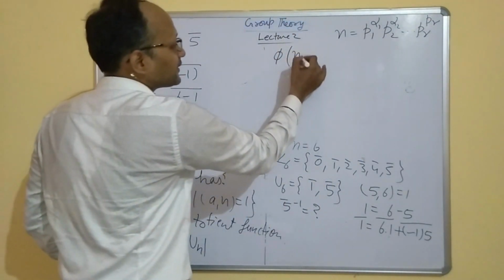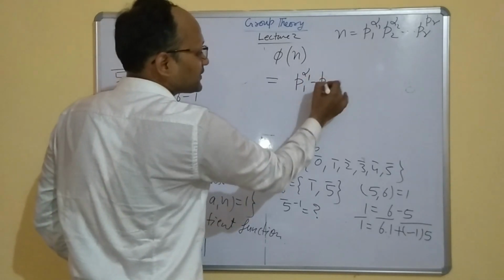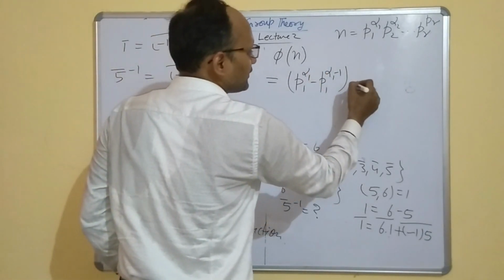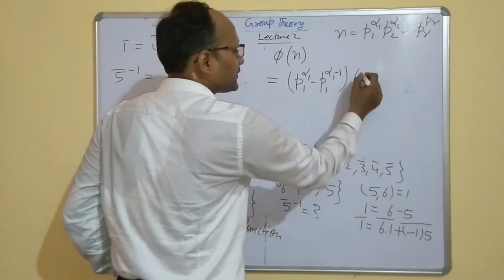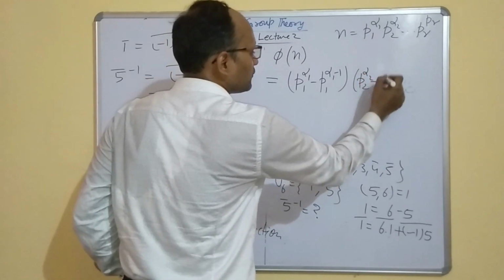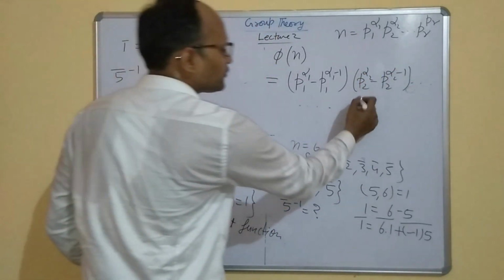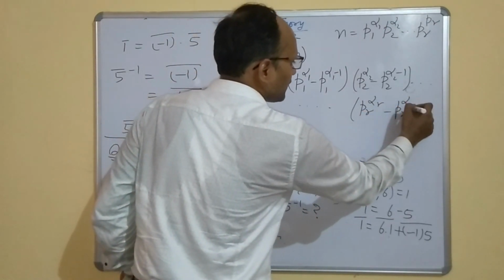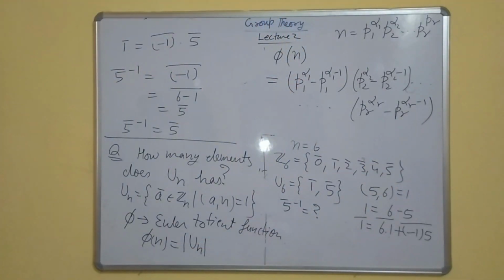Then phi of n is equal to p1 to the power alpha 1 minus p1 to the power alpha 1 minus 1, times p2 to the power alpha 2 minus p2 to the power alpha 2 minus 1, up to pr to the power alpha r minus pr to the power alpha r minus 1. So you can calculate it if you want.